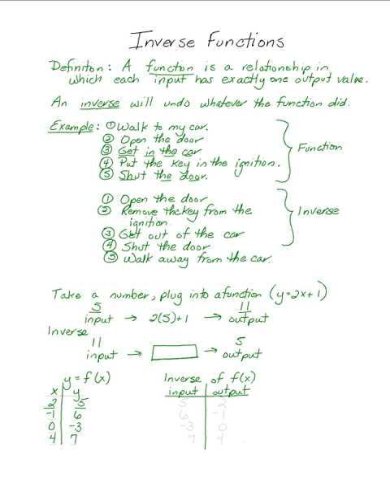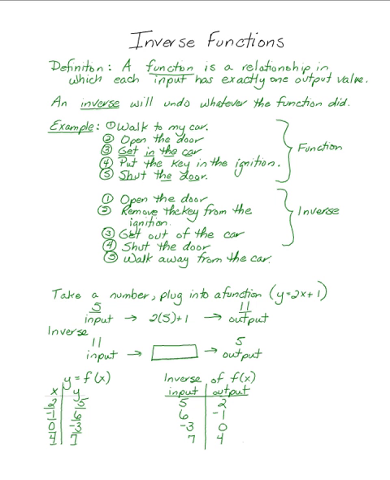So in the inverse, we're going to put the 5 in and we should get a 2 back out. And the same for the other points. So the point (6, -1) in the inverse becomes the point (-1, 6). The point (-3, 0) becomes the point (0, -3). And the point (4, 7) becomes the point (7, 4).